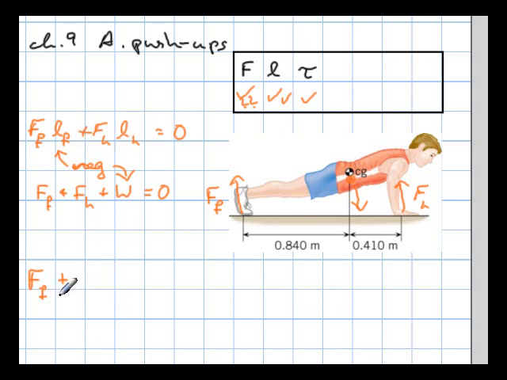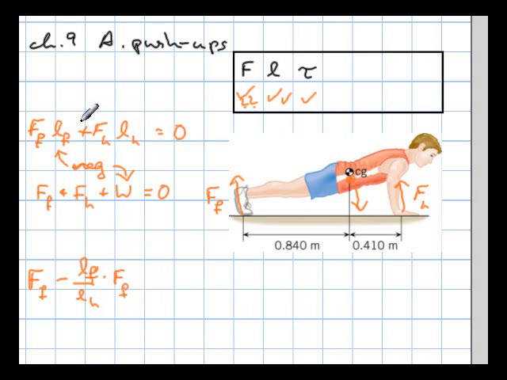So actually this one here comes out to be a negative. So I'm going to have force of the feet minus lever arm F divided by lever arm H times force of the feet.